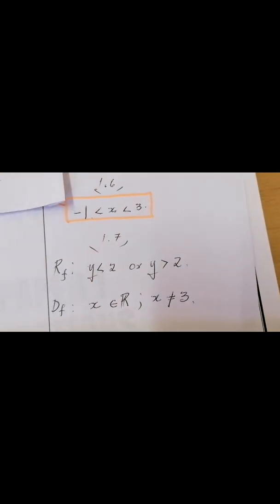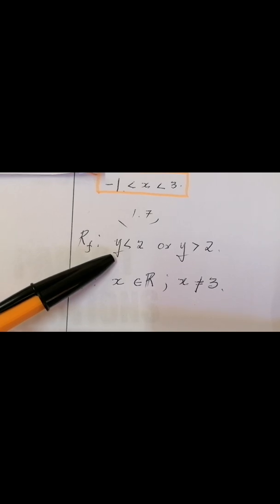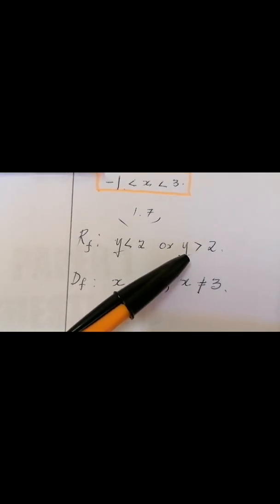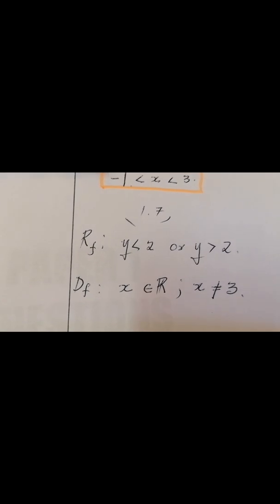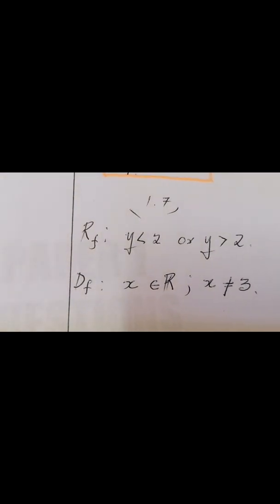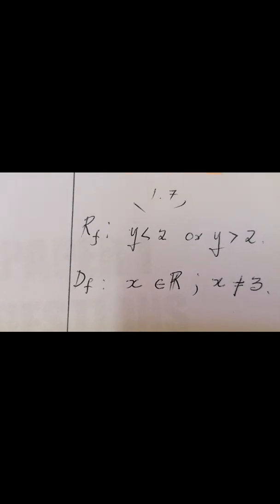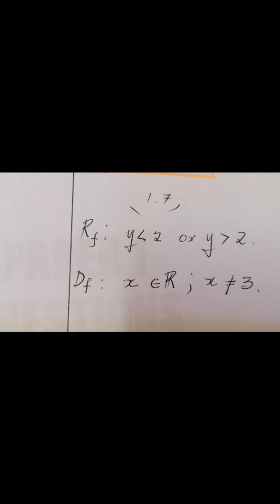I said the horizontal asymptote is saying to us the value of y will never be equal to 2. It would either be less than 2 or it would be greater than 2. We have answered all those questions. Folks, I want to say this. If you pay attention and practice your work, proficiency and procedural fluency will come automatically.